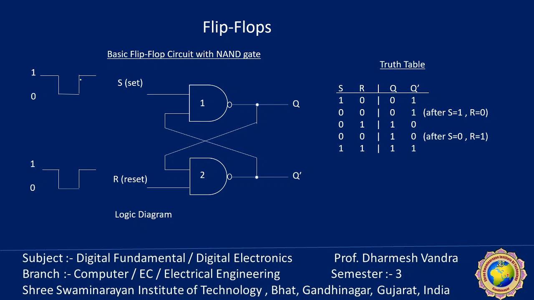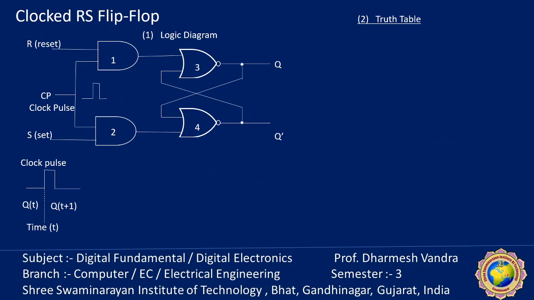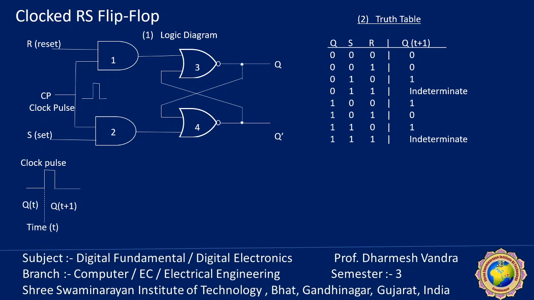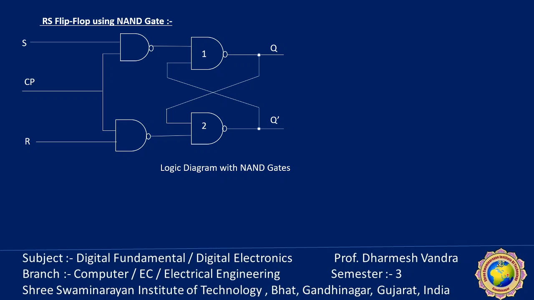These two inputs are replaced by a single input. Set is directly connected to D, and reset is D dash. There is one inverter in this circuit, and here is the D input. So my set is input D, and reset becomes D dash.